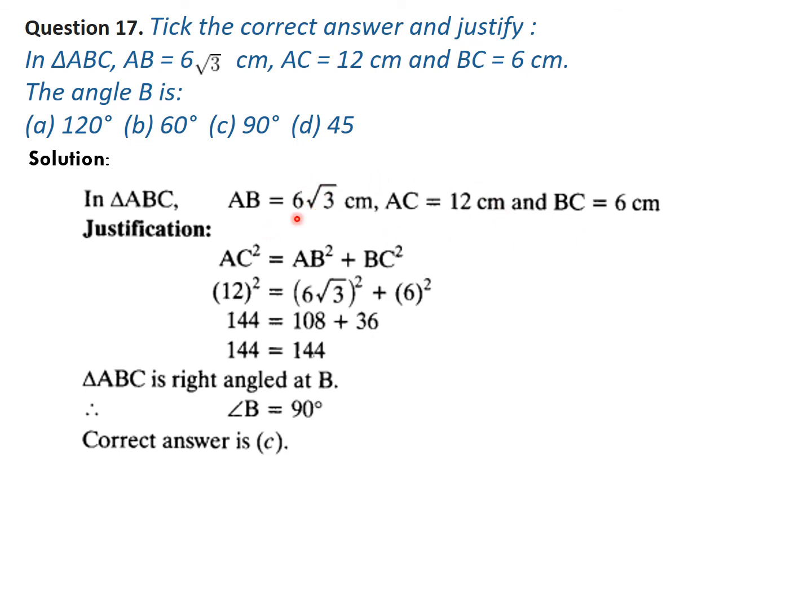So take the square of AB and take the square of BC. Add them and see whether you're getting 12 square, that is AC square, or not. So we are getting that it is equal to 144, which is the square of 12. Therefore, the Pythagoras theorem here is satisfied. Hence, we can see that angle B is 90 degree. So, the answer would be 90.